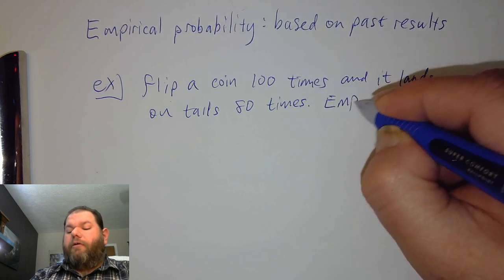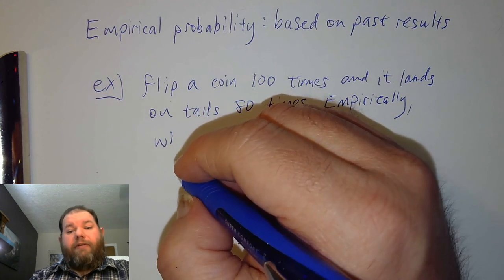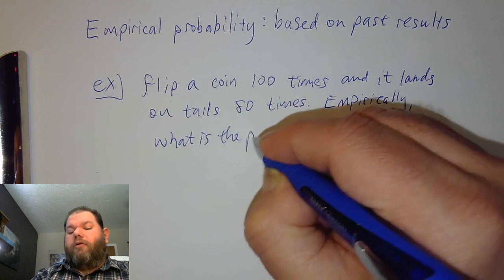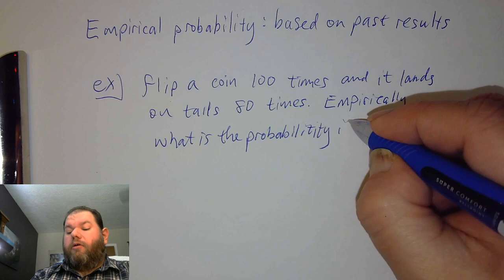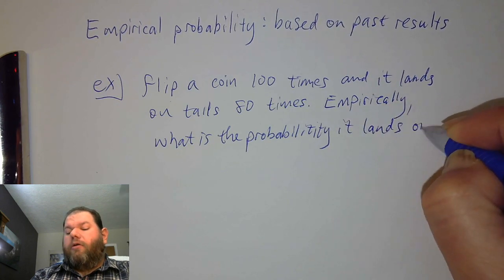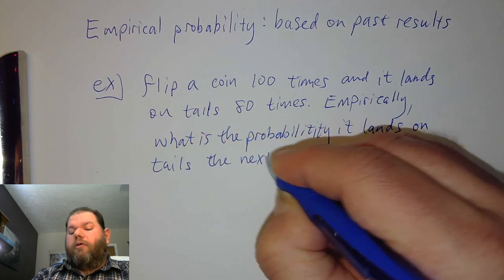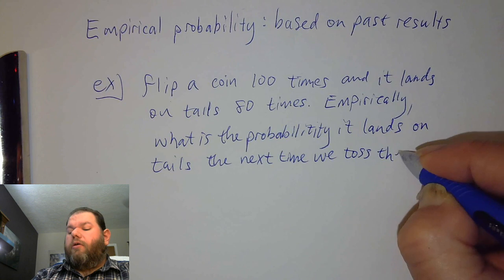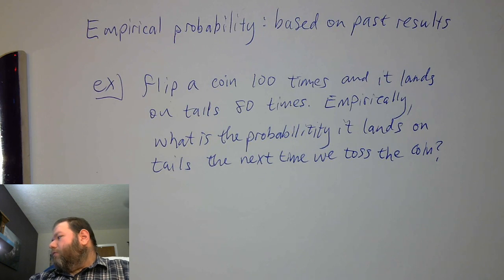Empirically, what is the probability that it lands on tails the next time we toss the coin? What do you think that would be?